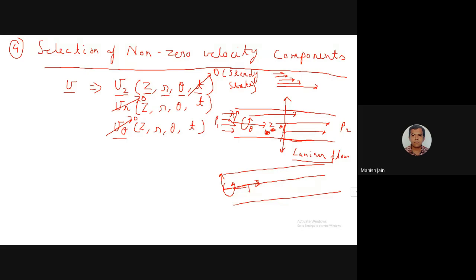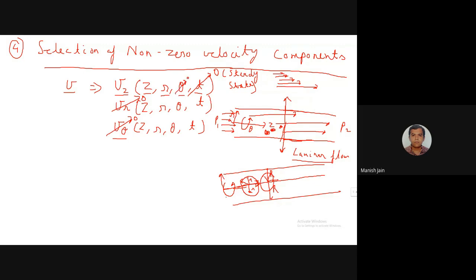If you check at a distance r in any theta direction, the velocity should be equal, because the system has symmetry: the distance from the solid boundary to the z axis is equal in all theta directions. Suppose theta equals 0, 30 degrees, 90 degrees, 120 degrees, 180 degrees, 270 degrees, or 360 degrees. In all 360 degrees, for a constant r, you have the same velocity. That means Vz will not depend upon theta.